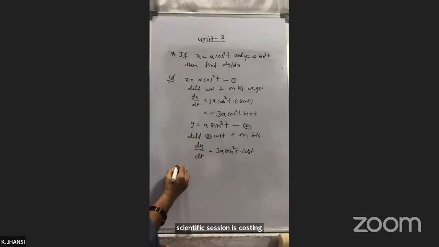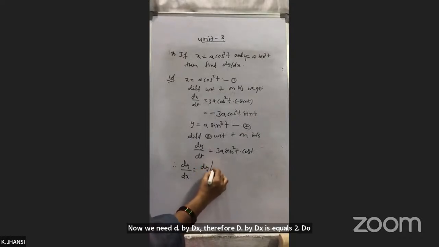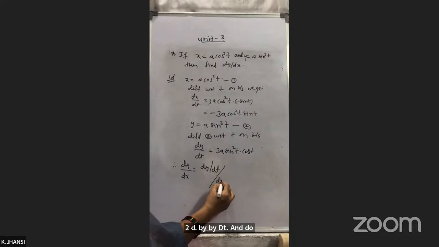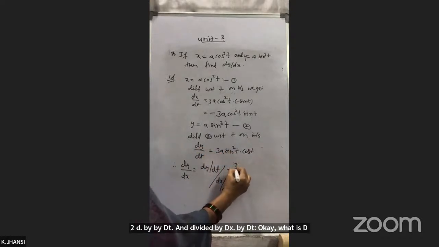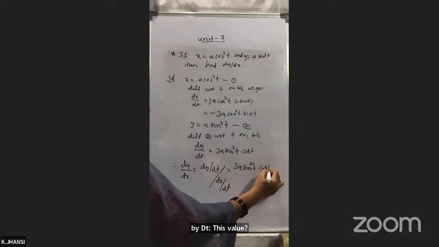Now we need dy by dx. Therefore, dy by dx equals dy by dt divided by dx by dt. Okay. What is dy by dt? This value is 3a sin square t into cos t.